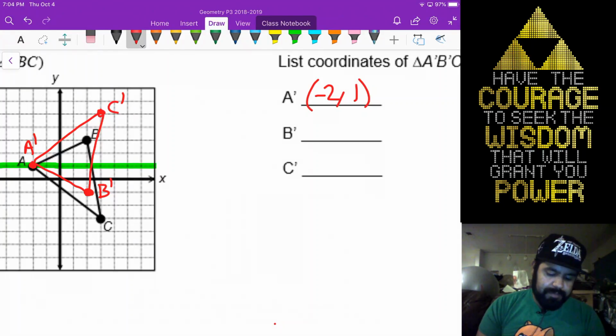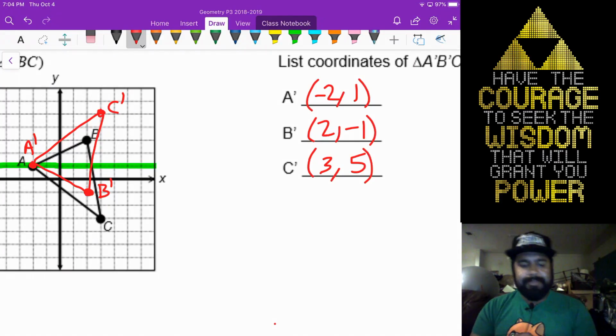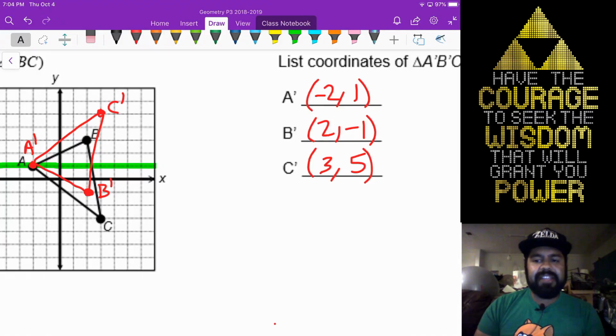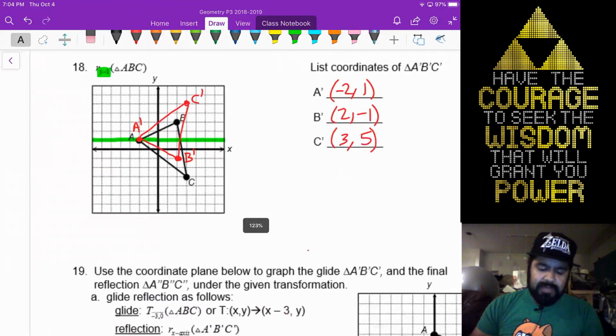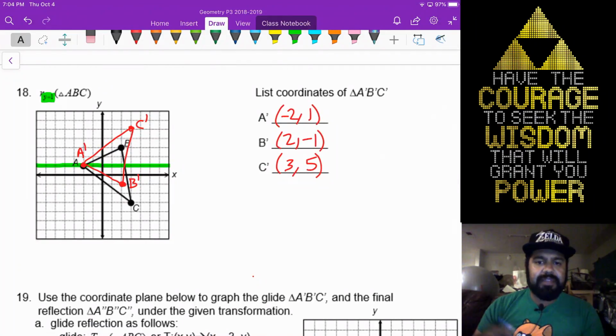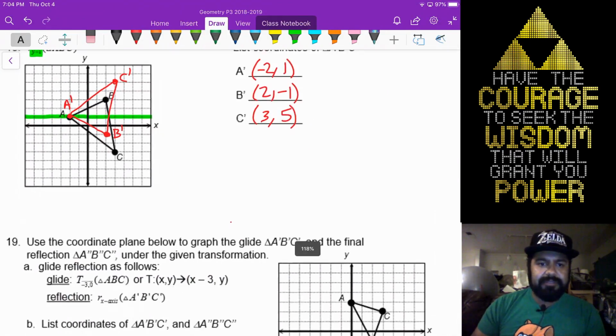B is going to be positive 2, negative 1. And C is going to be at 3, comma 5. 1, 2, 3, 4, 5. Yep. And again, if there are any mistakes I made, just let me know, and I'll try to fix them for next year, but I think we're looking okay so far.